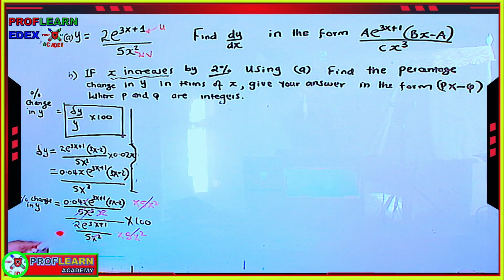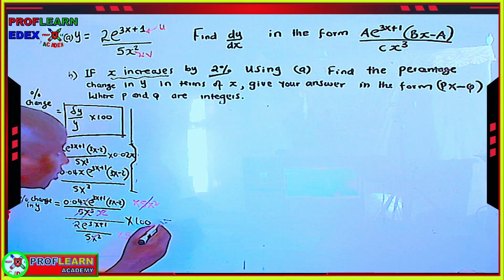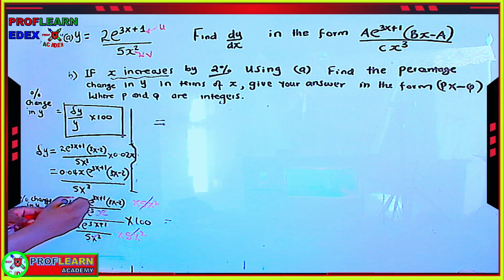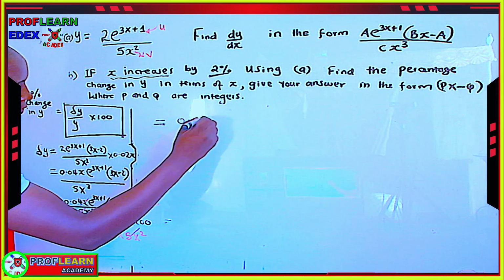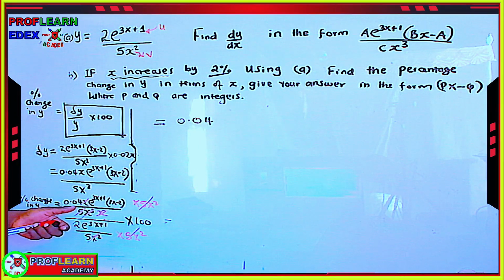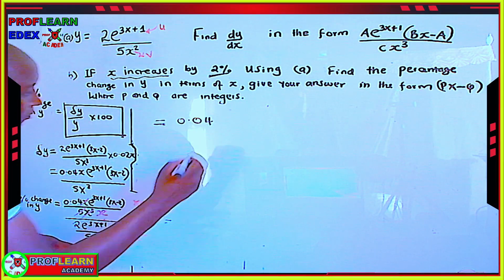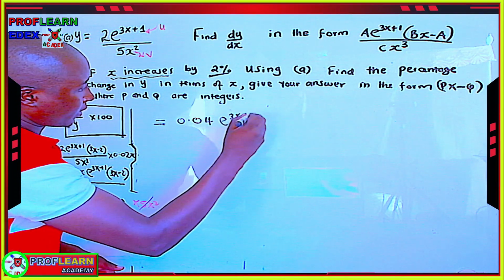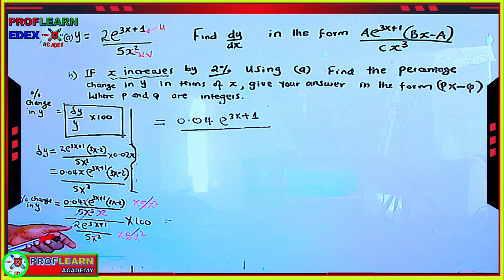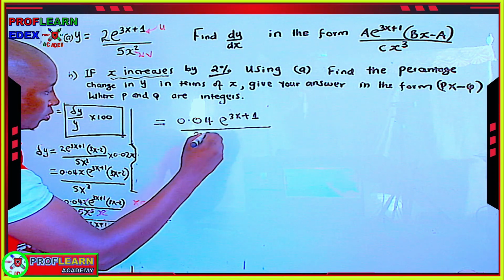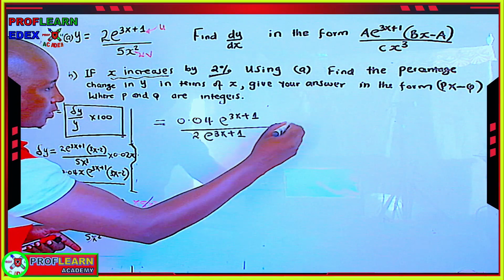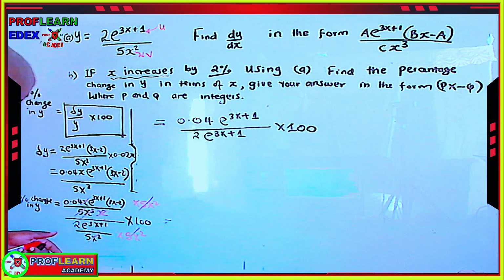So we are going to have our equation reducing to 0.04 e^(3x+1) divided by 2e^(3x+1), times 100%.